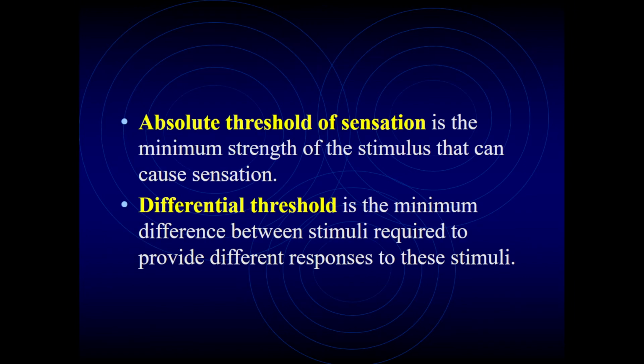The sensitivity of the sensory system characterizes the absolute threshold of sensation, which is the minimum strength of the stimulus that can cause sensation. Differential threshold is the minimum difference between stimuli required to provide different responses to these stimuli.